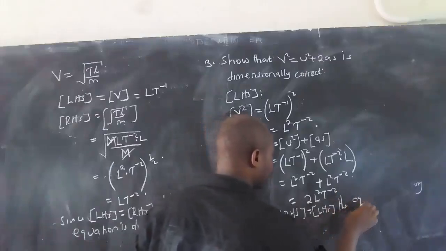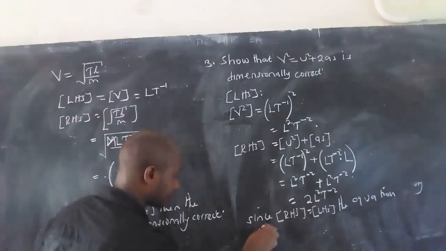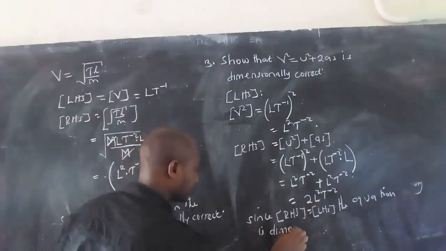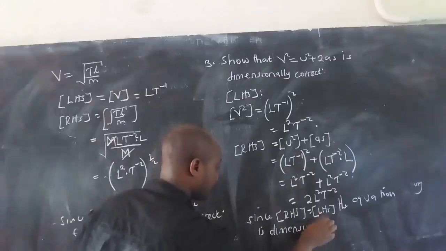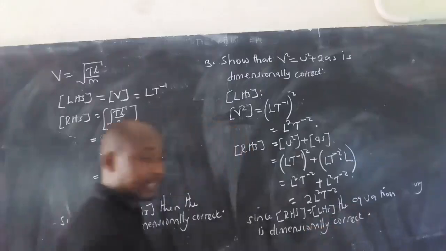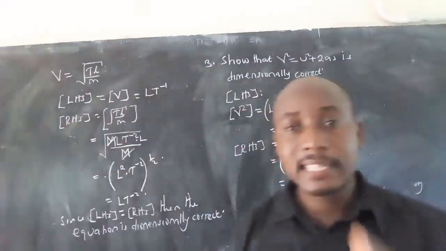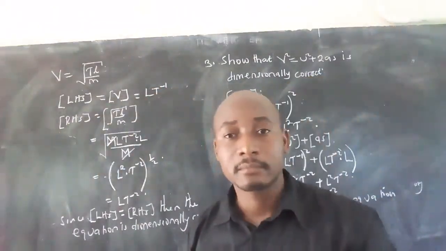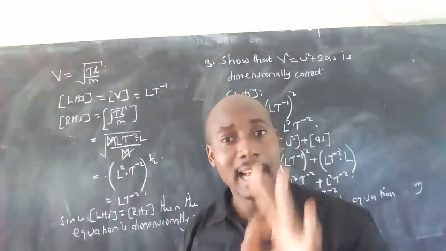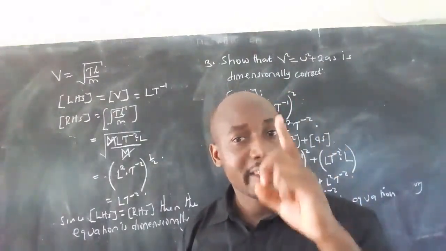The equation is dimensionally correct, like that. Now in this case, when we're adding, we add quantities which have the same units. Any equation that has addition or subtraction must have the same units.